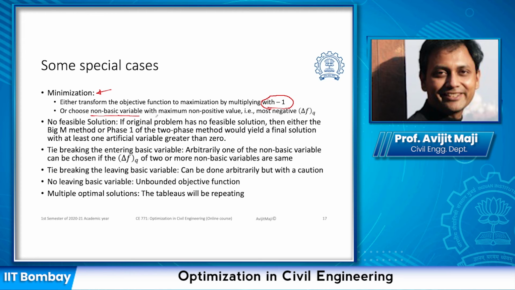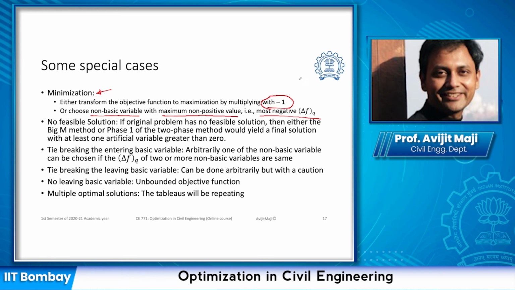So while choosing the non-basic variable, instead of choosing the maximum positive value, we can actually choose the maximum non-positive value, that is the most negative del fq. If we choose that, then we are going to minimize the function. So only with this change in the simplex method we can manage the minimization problem.